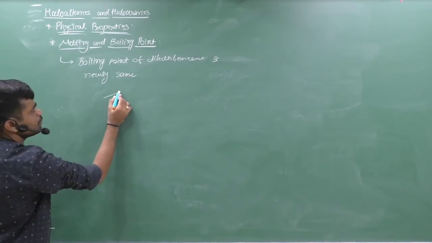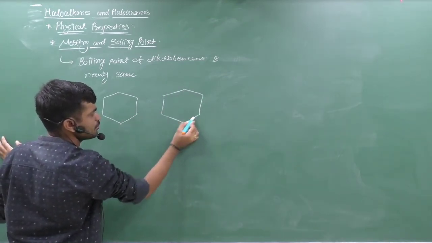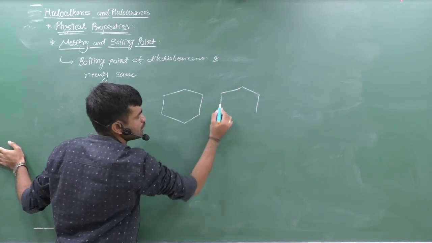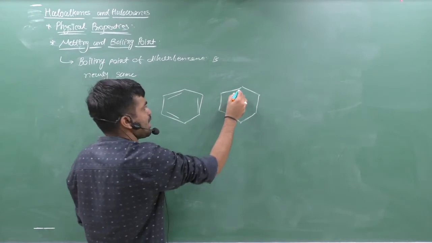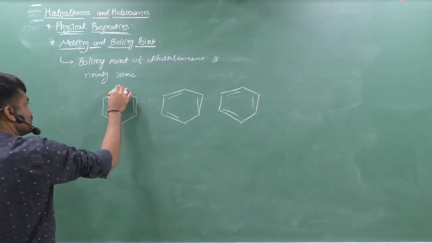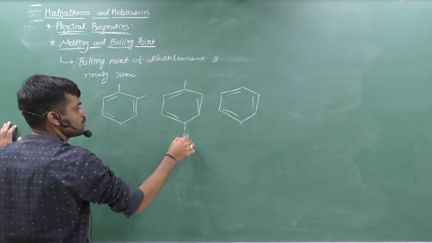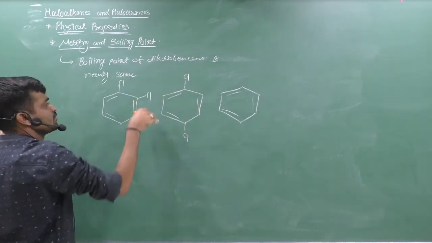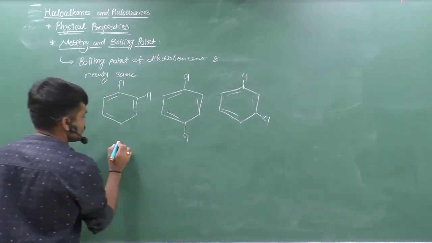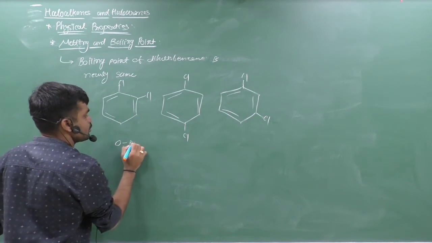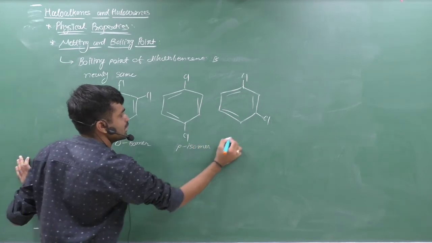Suppose we compare the boiling points of ortho, meta and para derivatives. Let us take dichloro: it is the meta, it is the ortho isomer, it is the para isomer, it is the meta isomer.